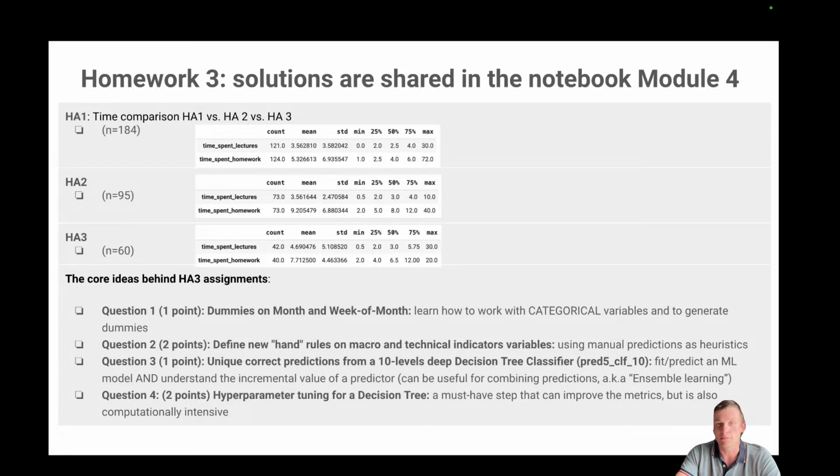There are some advanced methods of hyperparameter tuning like AutoML or gradient methods, and not just a grid search where you cover all possible parameter values, but we won't cover that in this course.